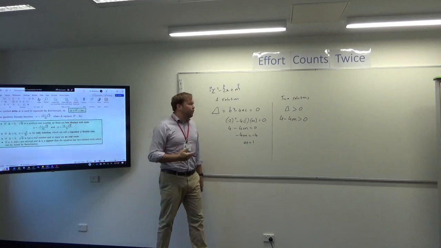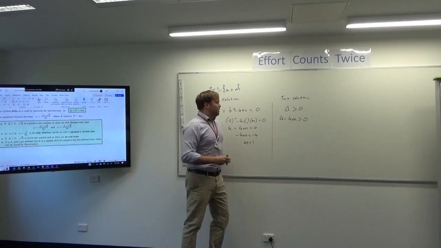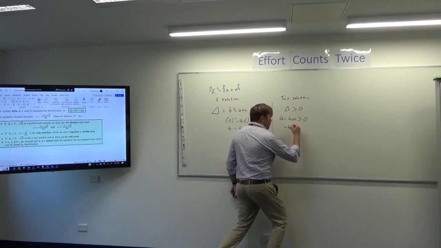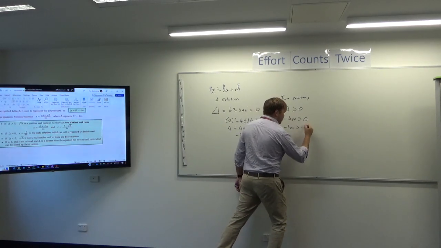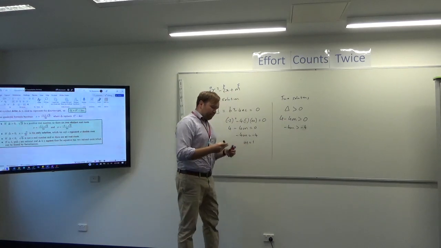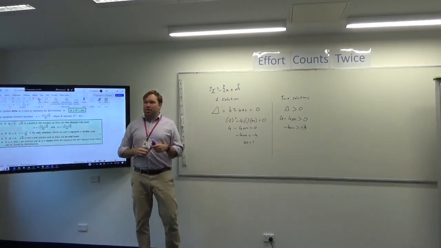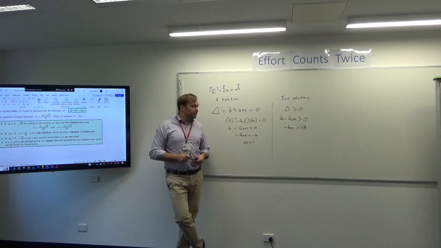And now we solve. Take 4 from both sides, so minus 4m is greater than, goodness, minus 4. And then we divide by negative 4, but does anyone remember the trap that's sort of living here?